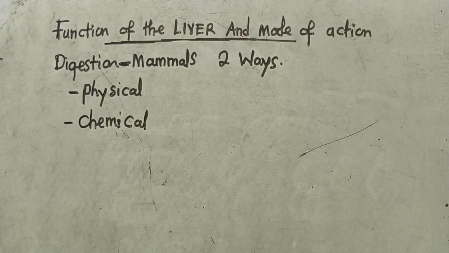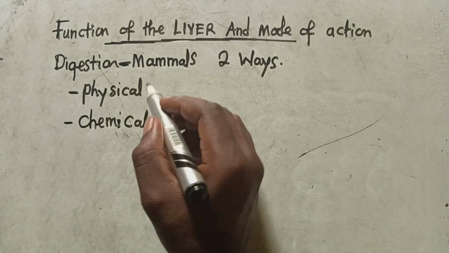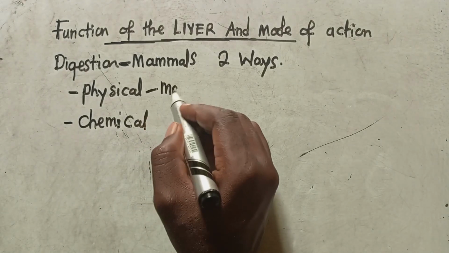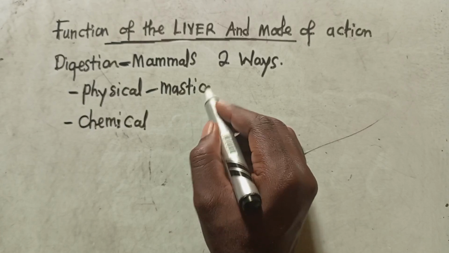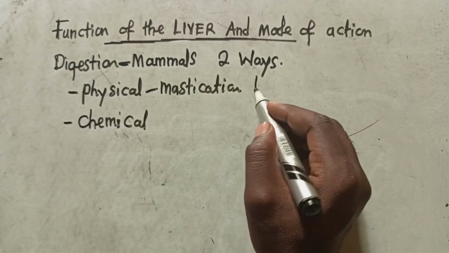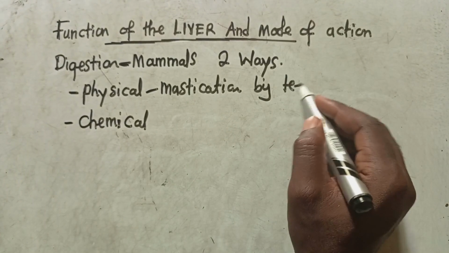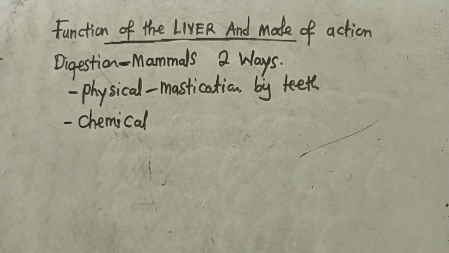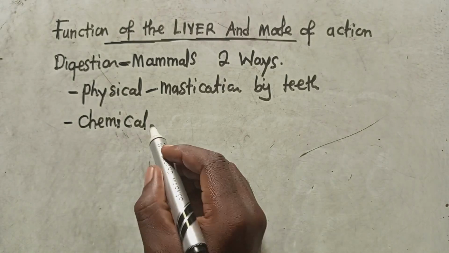Physical digestion is what we call mastication by the teeth. This mastication by teeth involves the rolling action by the tongue, which we can term peristalsis.